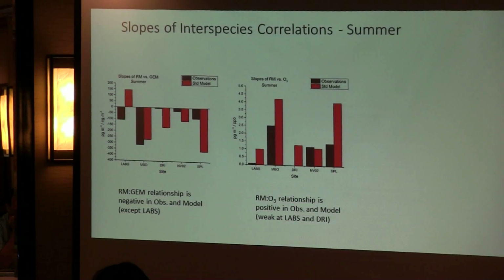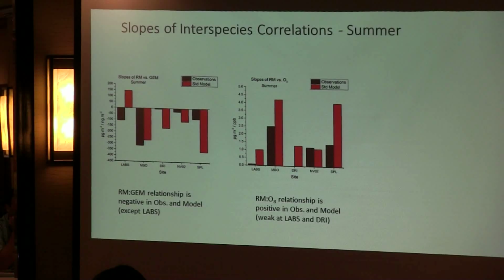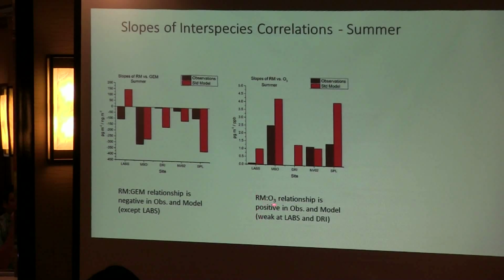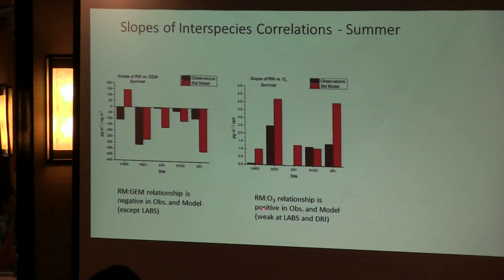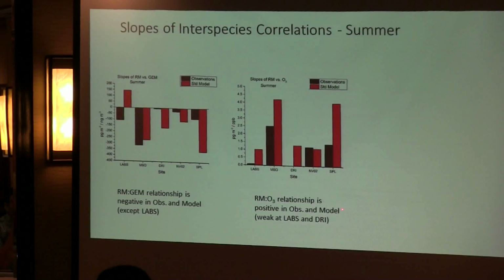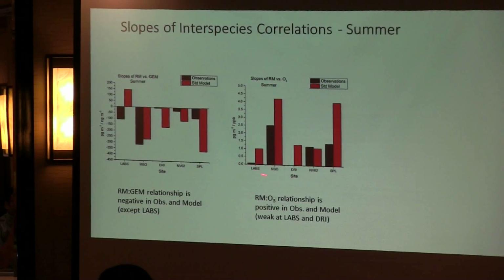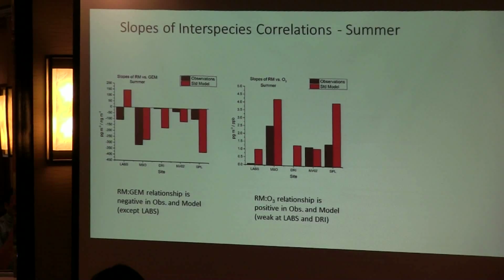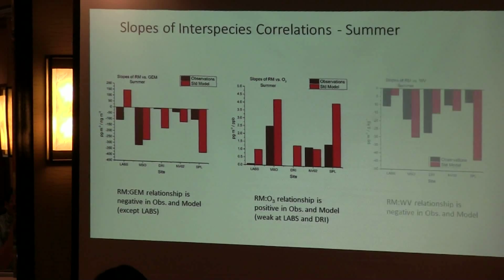For reactive mercury versus ozone in the summertime, we see fairly good comparisons. The relationship is positive between reactive mercury and ozone, both in the observations and in the model, although at Lulin and DRI the relationship is rather weak, but it still registers as positive.